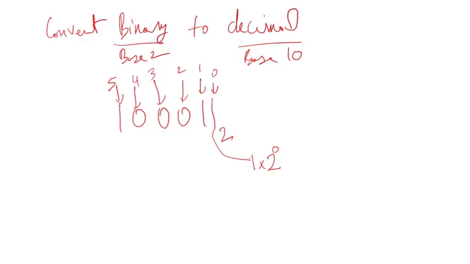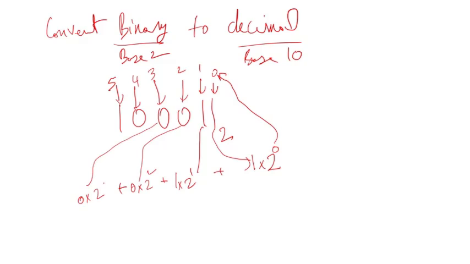Since I'm dealing with base 2, it's 2 to the power of 0, because it's position 0, plus 1 times 2 to the power of 1, plus 0 times 2 to the power of 2, plus 0 times 2 to the power of 3, plus 0 times 2 to the power of 4, plus 1 times 2 to the power of 5.